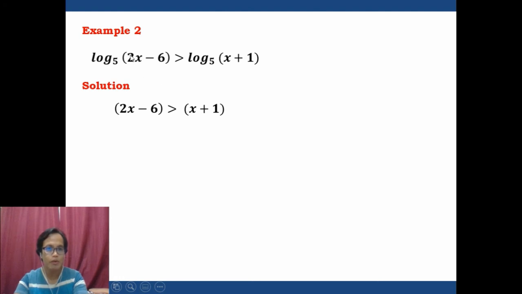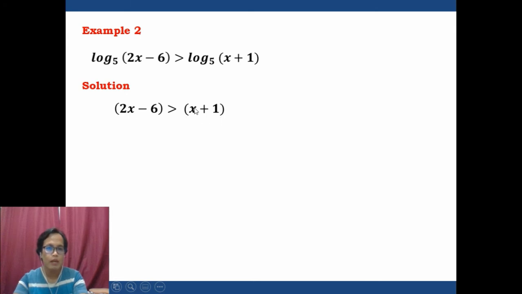And we have to remember also about the restrictions. So this 2x minus 6 should always be greater than 0. And this one also, x plus 1, should be greater than 0. So later we will be solving the restrictions. But for now, we will continue. So 2x minus 6 is greater than x plus 1.